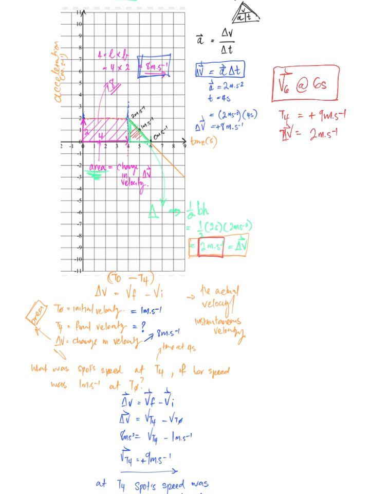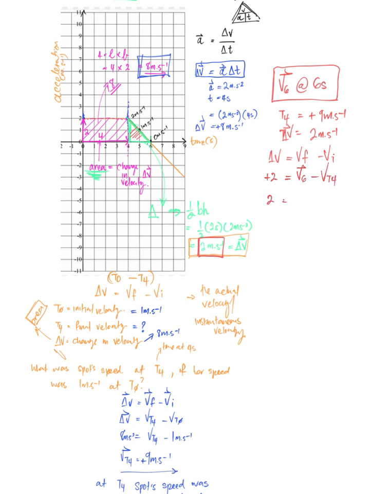All right, and if I put it into the formula, I can say the change in velocity is equal to the V final minus the V initial. So if I'm looking here, I know that this is positive 2 is equal to the V final, so the V at 6 minus the V at T4.